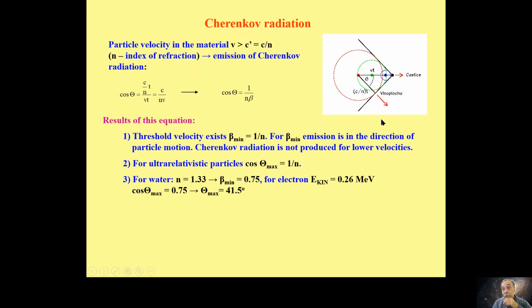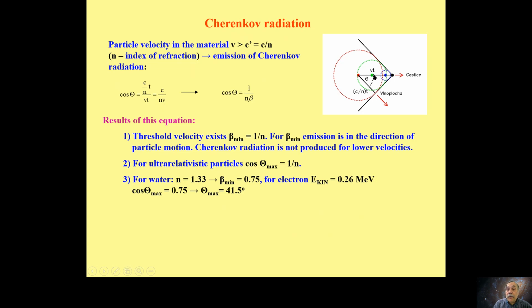Okay, have a look here. You have a particle which is moving with a velocity higher than the velocity of light in this material. If there is a signal moving with the velocity of light in this material, after time t it will be on this red circle, which was irradiated from here.